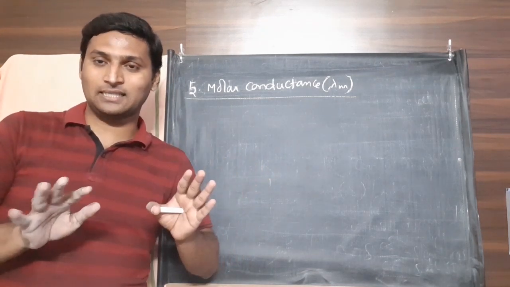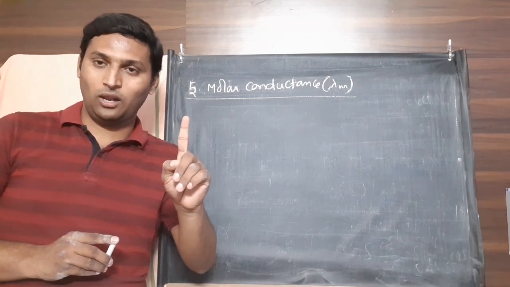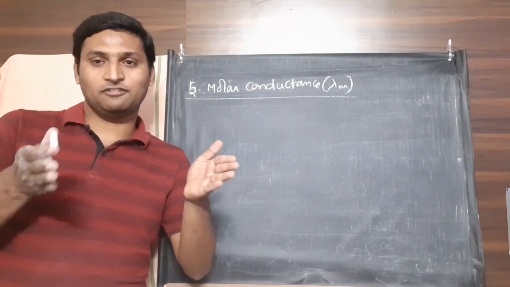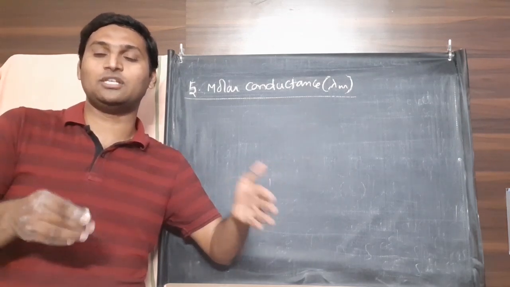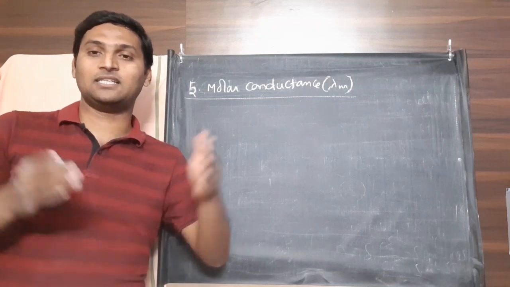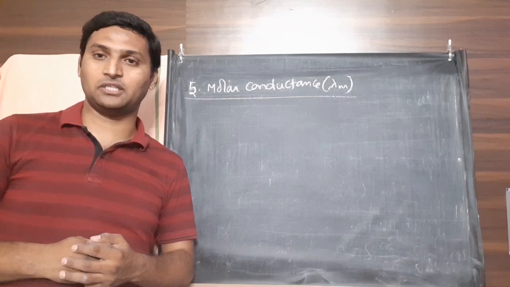So, here conditions are, quantity of electrolyte must be exactly 1 mole in any volume of solution, but the distance between the two electrodes must be exactly unit distance, 1 centimeter if it is a small cell, 1 meter if it is a large conductivity cell.